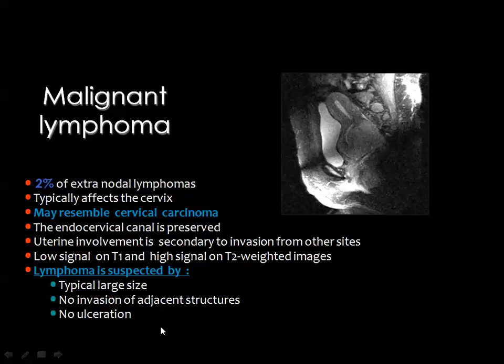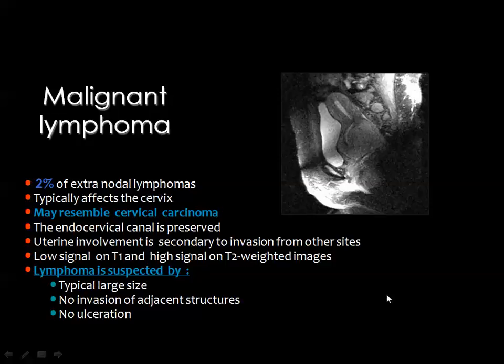Lymphoma has a large size, it does not invade the surrounding structures, and it does not show evidence of ulceration. Also, if you can find bulky lymph nodes in the vicinity of the tumor and the nodes are homogeneous with no evidence of necrosis, then you may predict the possibility of lymphoma.